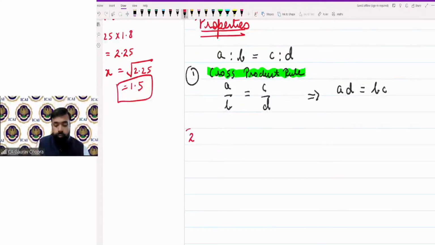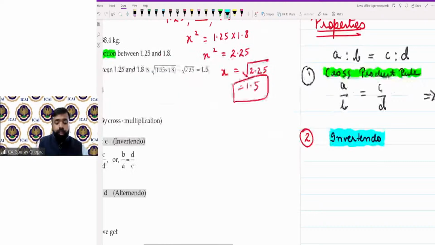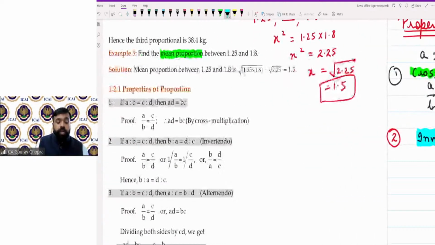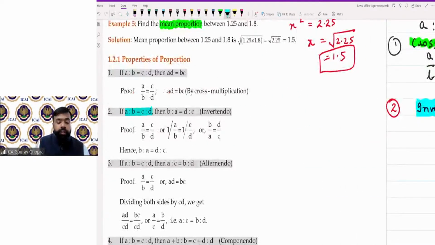Second one is known as invertendo. Now, what is the meaning of this? Let us understand. If A ratio B and C ratio D is the given ratio, then for invertendo, we have to interchange the values.